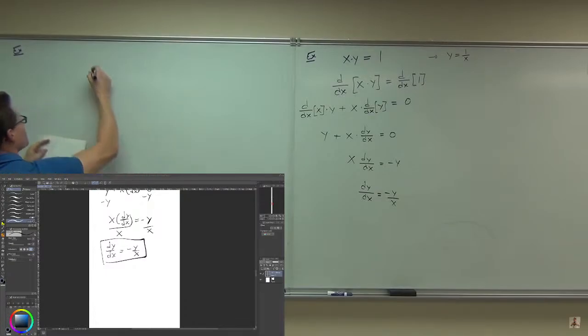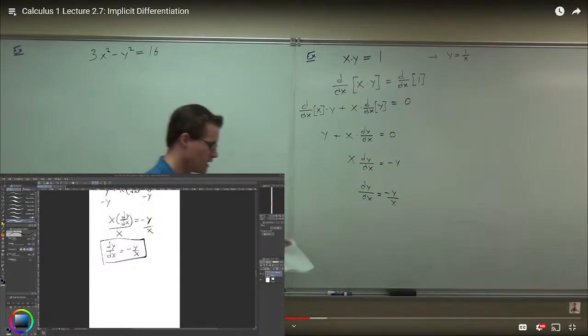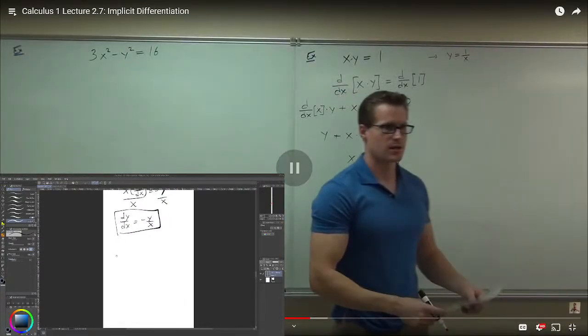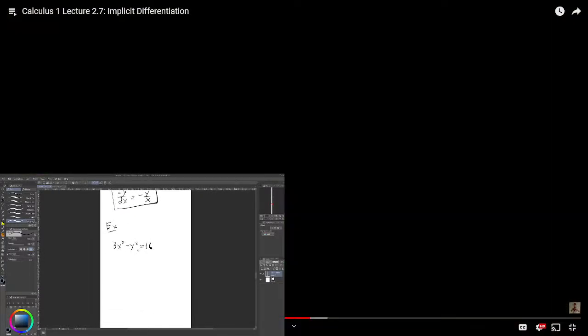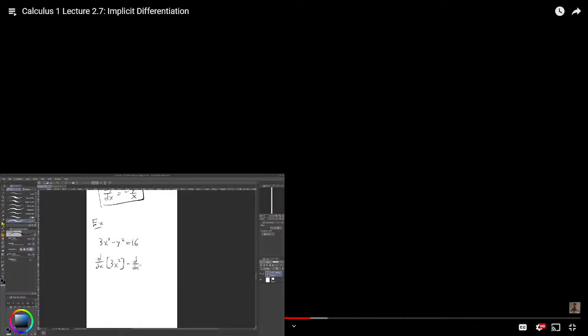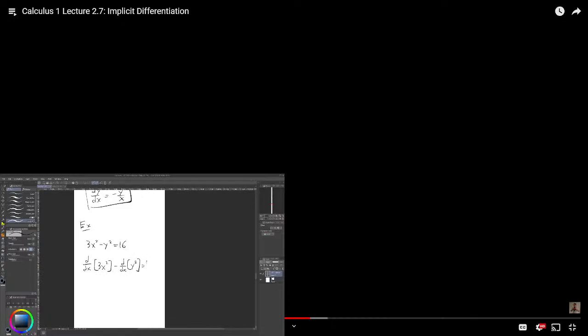I also need to show you this. Could you take the derivative of that? Let's see. This looks like a circle.